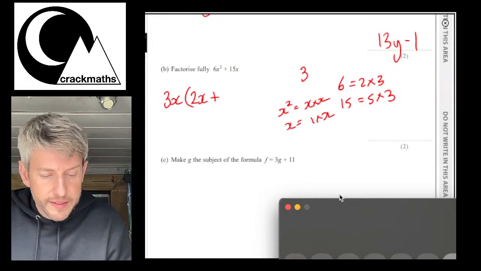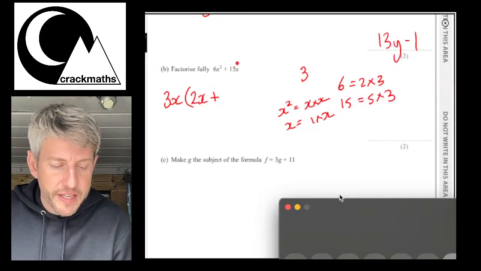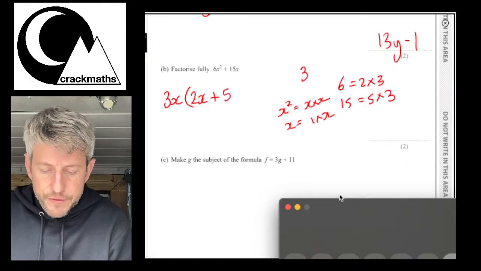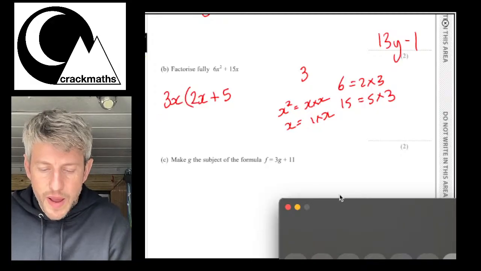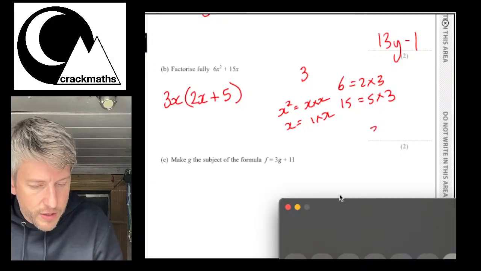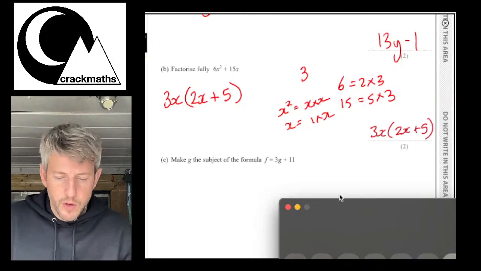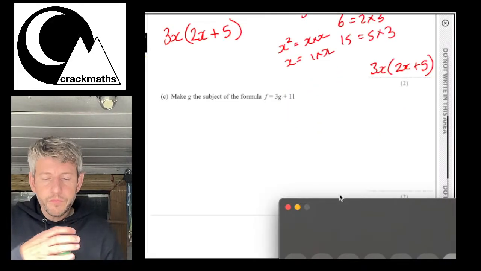And then I've got a plus here, and since I've taken the 3x out, I need to make the 15x. 3 times 5 gets us 15. x times 1 gets us the x, so we don't need to do anything with that. So we factorise this to get 3x bracket 2x plus 5. Right, let's have a look at part C.